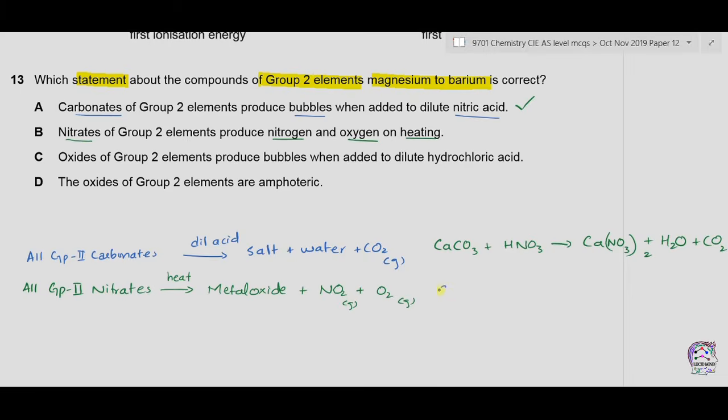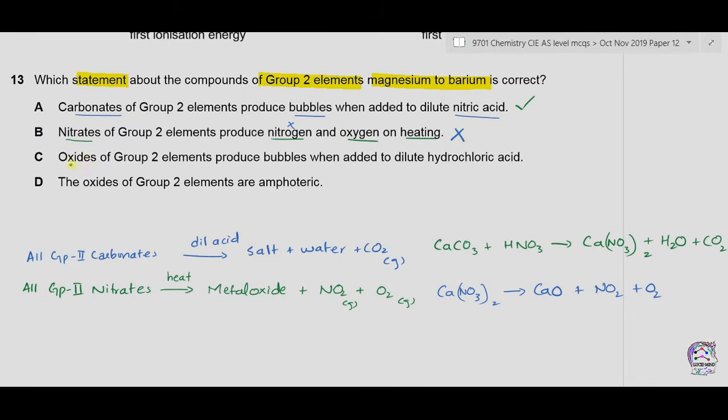For example, if we have calcium nitrate, upon heating it will produce calcium oxide, NO2 and oxygen gas. In the question they have given nitrogen, so therefore it is incorrect. So option B is wrong.